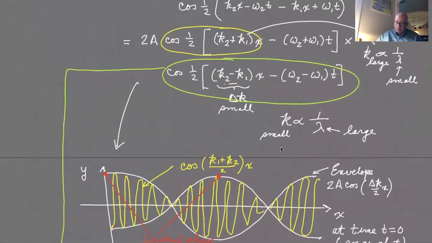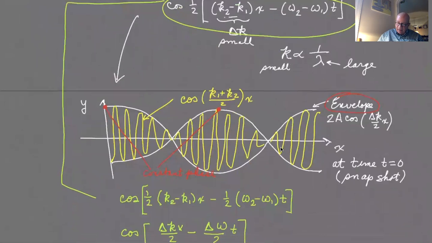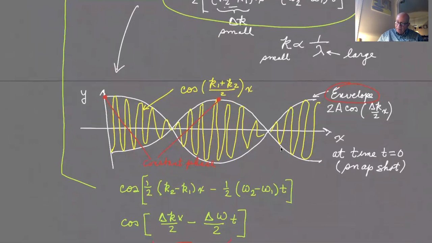Okay, and so the low frequency part was this broad envelope, right? This broad envelope had a wavelength of delta k, which was given by k2 minus k1.